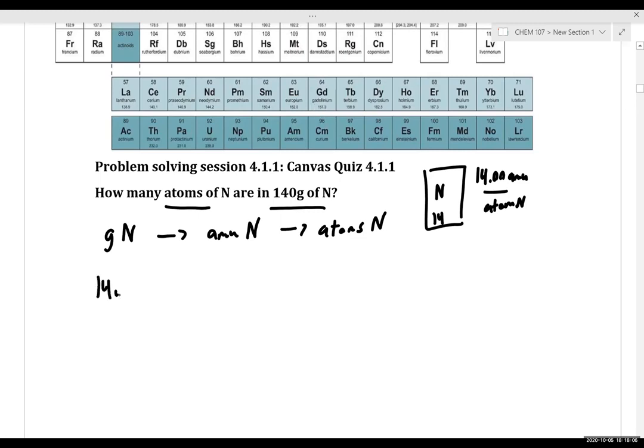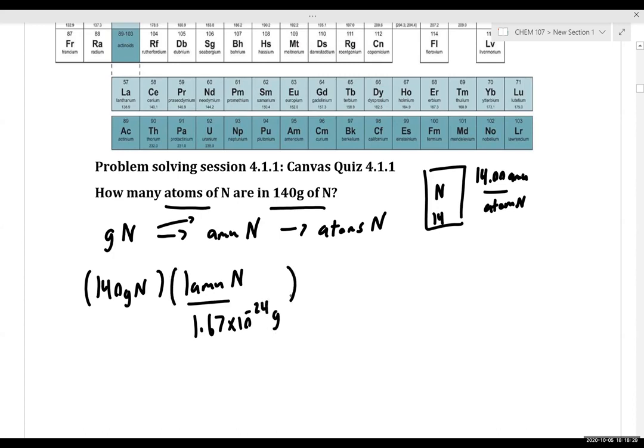So then if we have 140 grams of nitrogen, we're going from grams to AMU. We know that in 1 AMU of nitrogen, we have 1.67 times 10 to the negative 24th grams. We also know, to go from AMUs to atoms, that in 1 atom of nitrogen, we have 14.00 AMUs.